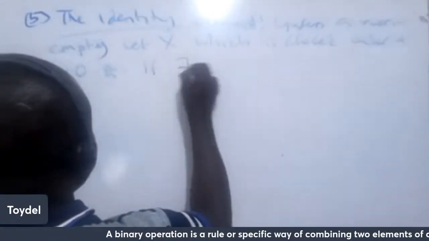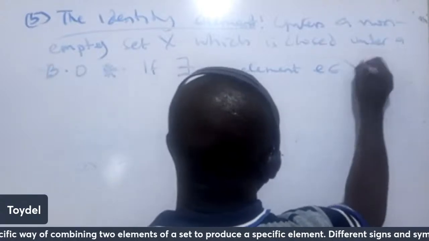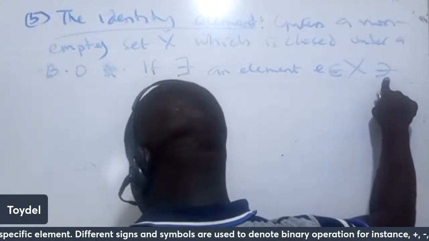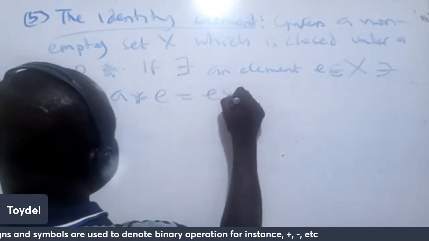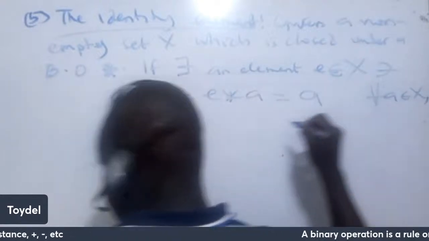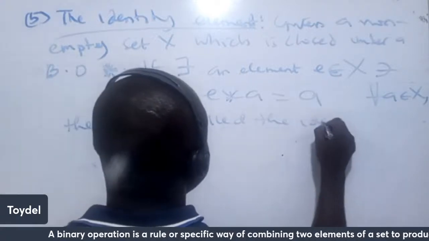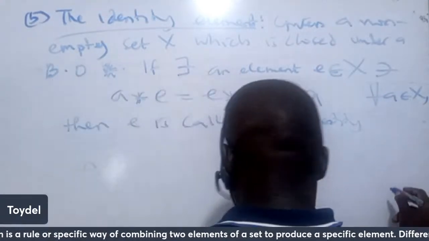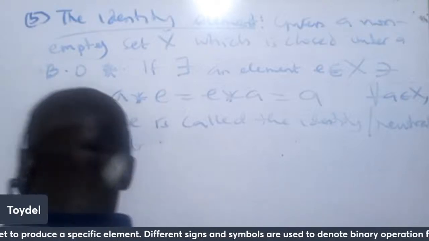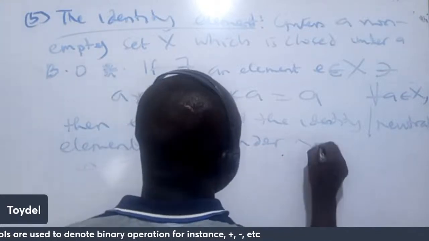If there exists an element E that belongs to X such that A asterisk E is equal to E asterisk A, and it's equal to A, for all A that belongs to X, then E is called the identity or neutral element in X under the operation asterisk.